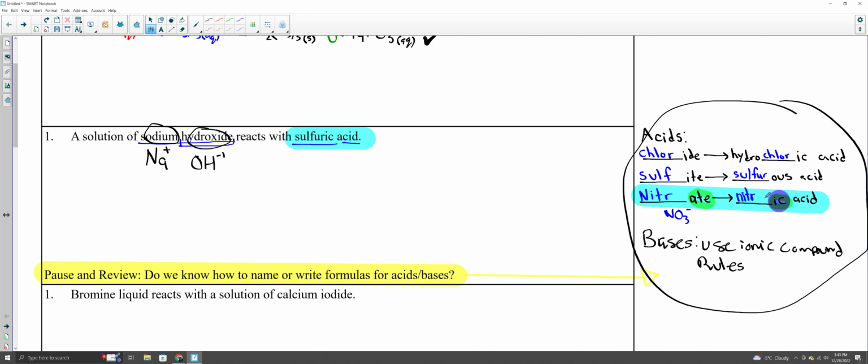So if it's sulfuric acid, that must have meant that the ion ended in ate. So that must mean that this used a sulfate ion because it turned into sulfuric acid. No hydro in front, no ous ending, it was an ic ending, right? So ate always turns to ic, as you guys know.